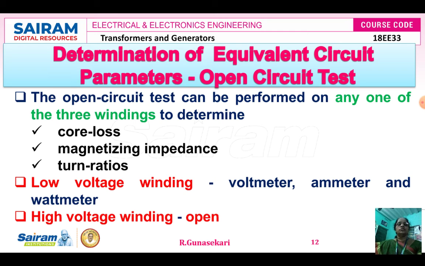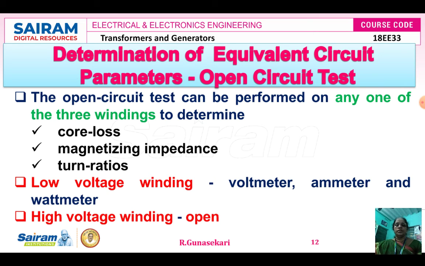The open circuit test is generally performed on any one of the 3 windings, because for the short circuit test we conduct 3 tests, but the open circuit test is one only. Any one of the windings should be open. From the open circuit test we determine the core loss, magnetizing impedance and turns ratio.